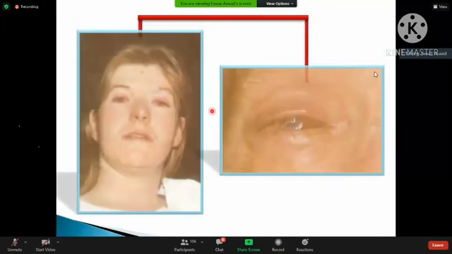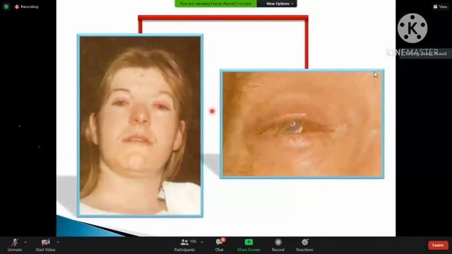One of the things the dentist must pay attention to during the examination of the patient is the examination of the eye. Of course, it is not the responsibility of the dentist to examine the eye, but we have to know that there are many causes, or common systemic diseases and local diseases, which are going to affect the eye.